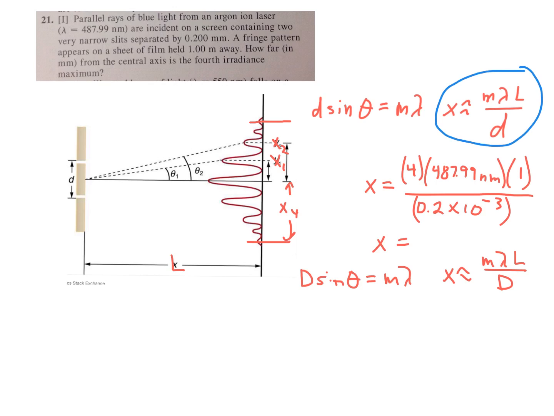For example, I'll have x figured out from the first part. So using the second equation now, I would have x, m would be 1, that'd be the first order minimum, and I know lambda, 487.99 nanometers, and I know L is 1, so I would know all of these. So the only thing I wouldn't know is D, so I could use that equation now to figure out D, how wide each of those two slits are in the diagram.